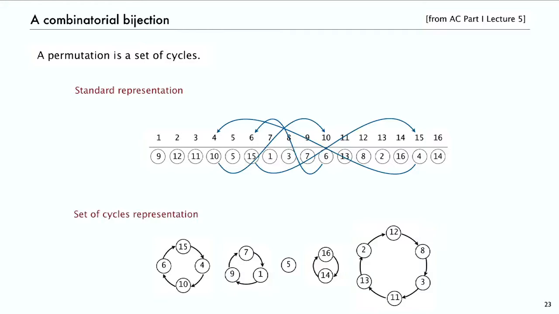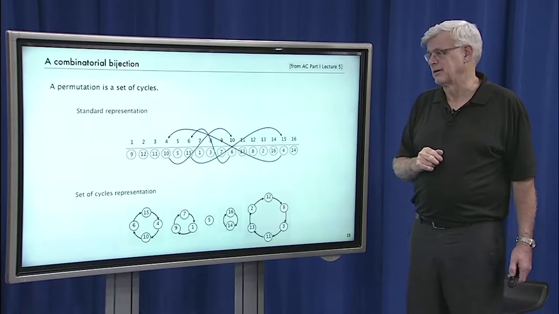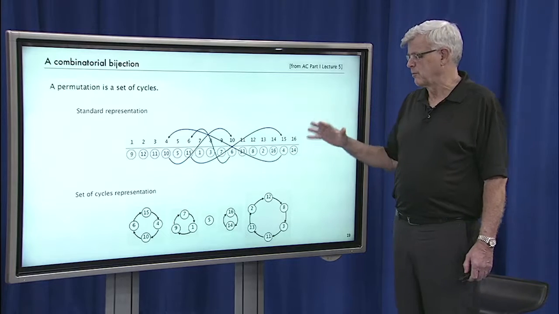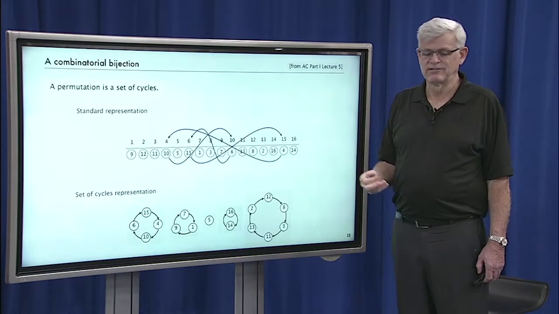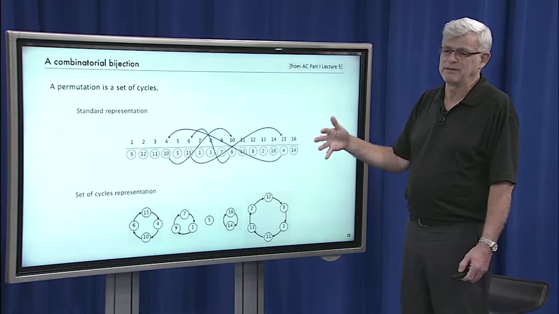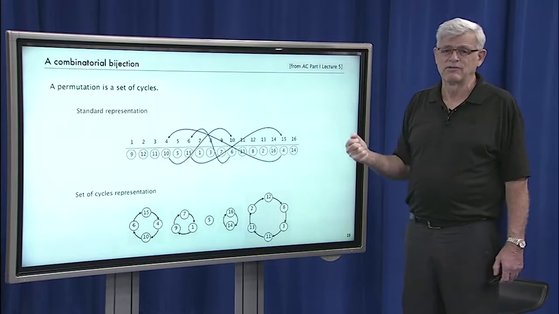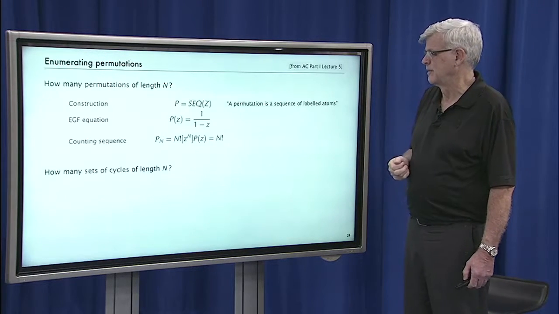So that's a set of cycles representation of this permutation. And that's a well-known combinatorial bijection. But from the point of view of analytic combinatorics, we can see that the counts of these sets are equal, or we can understand better, say, the structure of the cycles in permutations using combinatorial constructions.